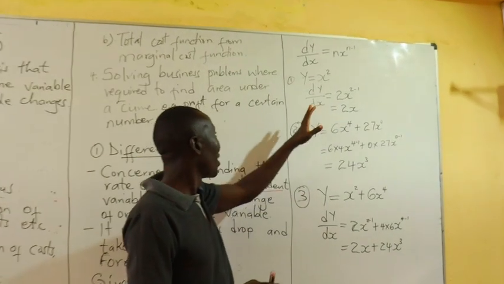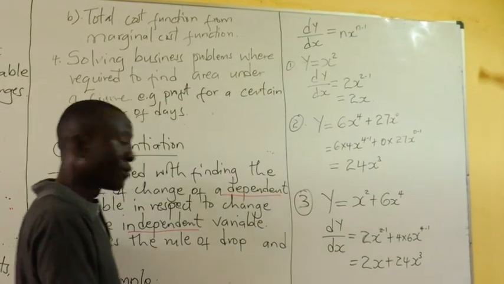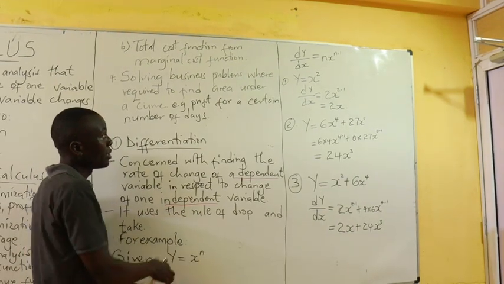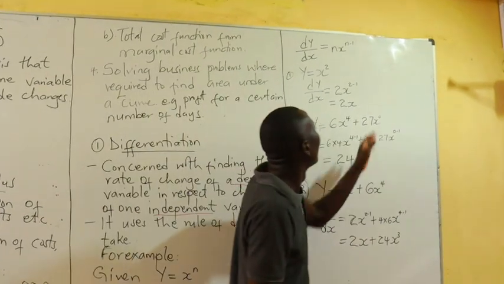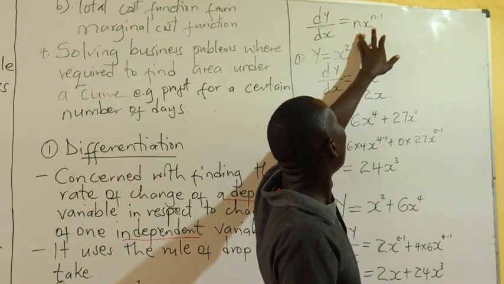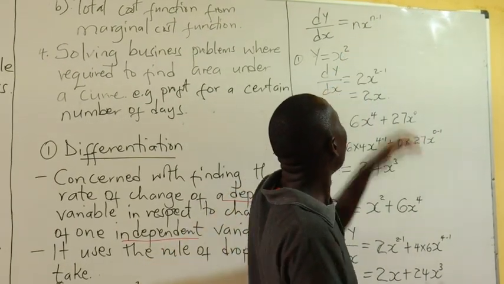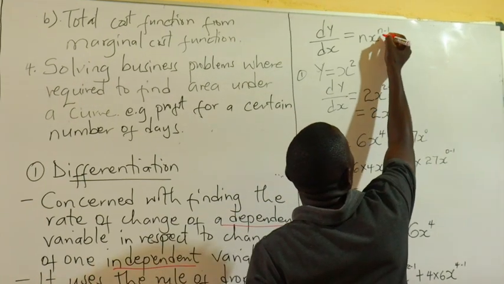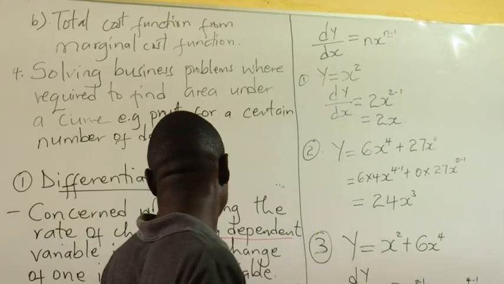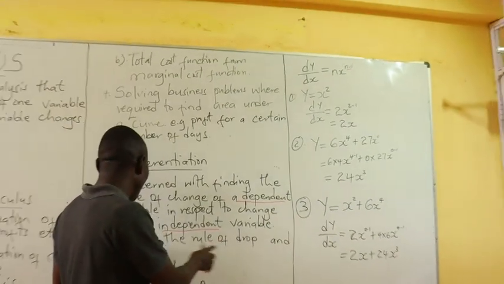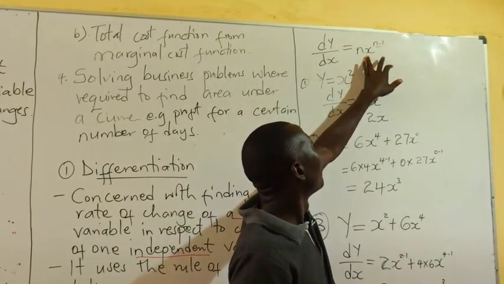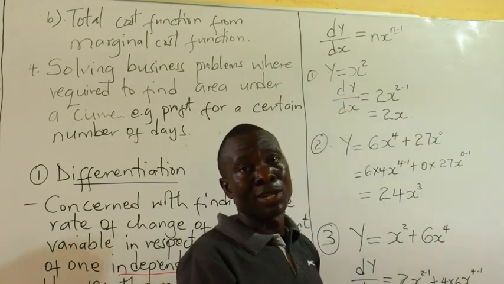So when we find dy over dx of y equals x raised to n, first of all, we bring the n before that particular x, and then we subtract the power by 1. We reduce the power by 1, and that is what we mean by dropping and taking. So first we drop this n before the x, and then we also reduce the power by 1.